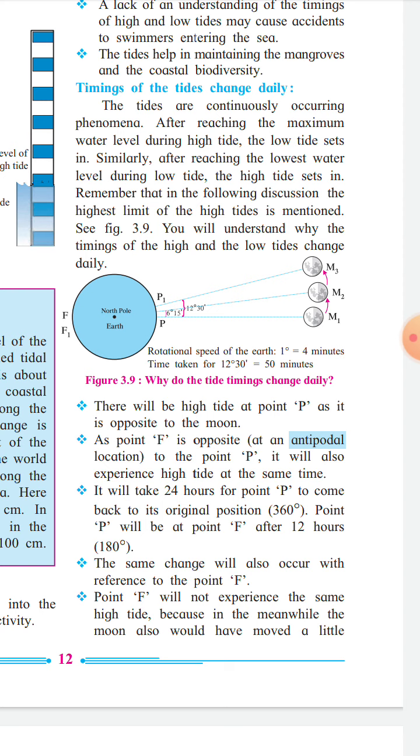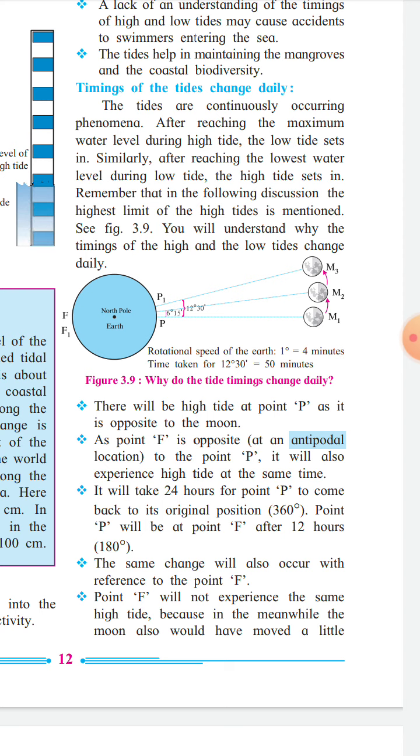See, the moon's motion is also shown as well as the positions of the tides. Point F is at an antipodal location to point P, and it will also experience high tide at the same time.